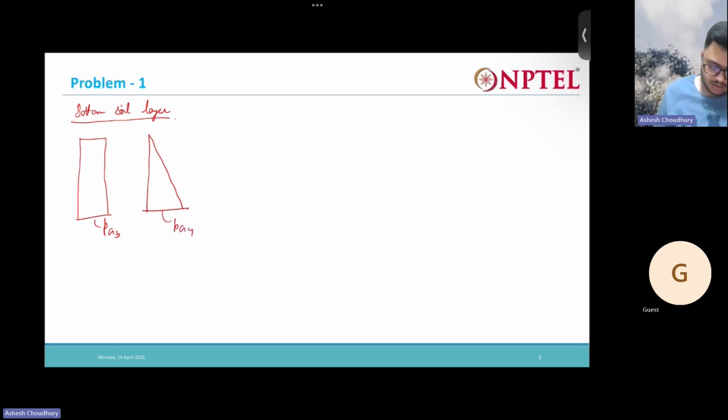My Ka2 is 0.704. Now for Pa3, first is the surcharge from the upper layer of soil, that is 15 times 3, times Ka2, which is 0.704.